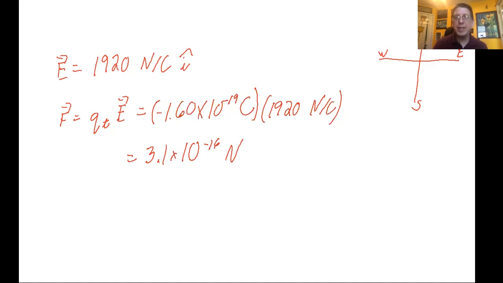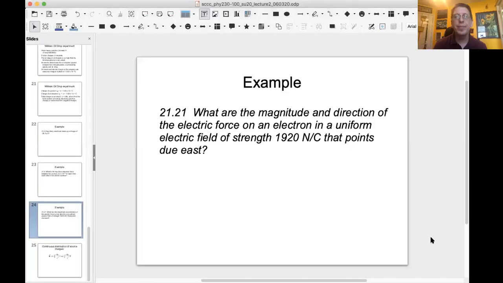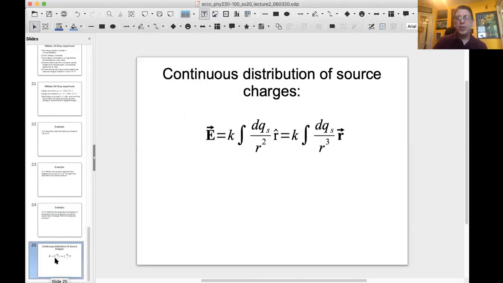Okay, so that brings us to our last slide of the day. We've talked about how if you have one source charge, you have a simple and straightforward equation. If you have multiple source charges, you have the superposition principle, so you're adding the electric fields of the individual source charges together.